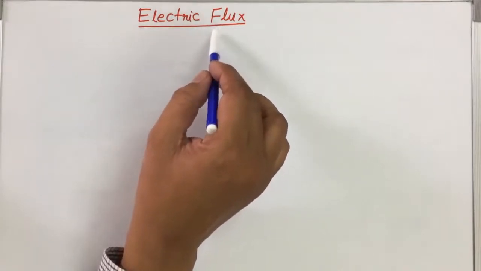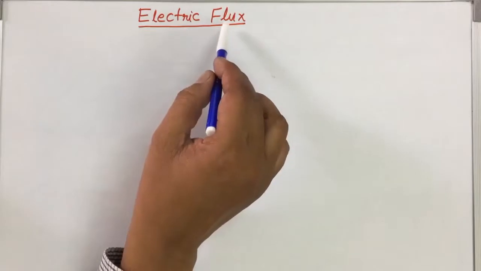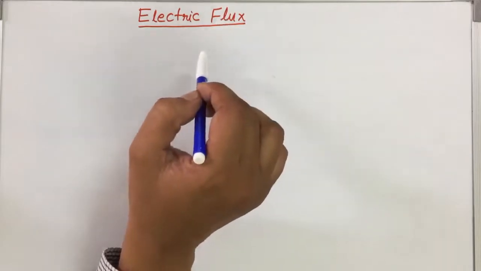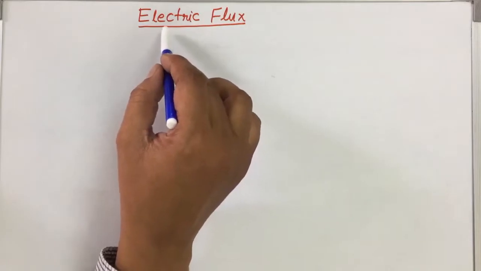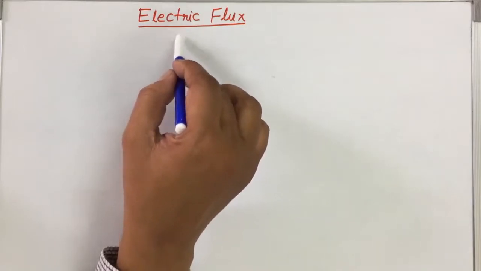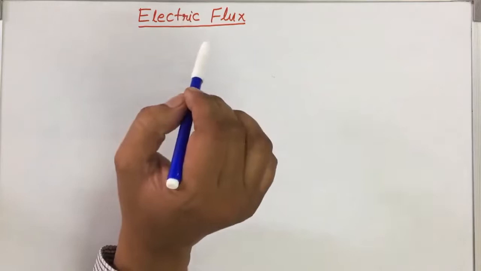Flux represents the flow, and with electric flux, it means the flow of electric field lines.